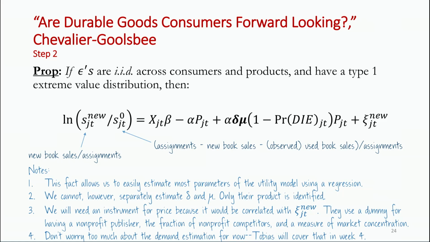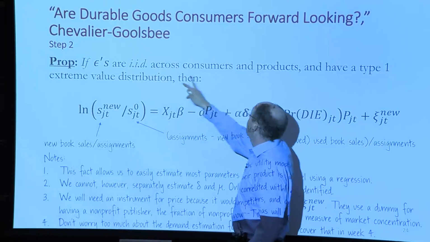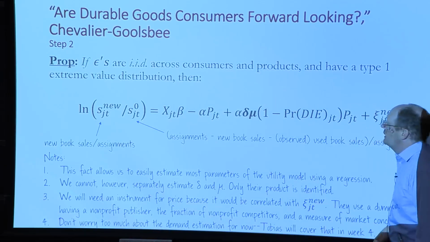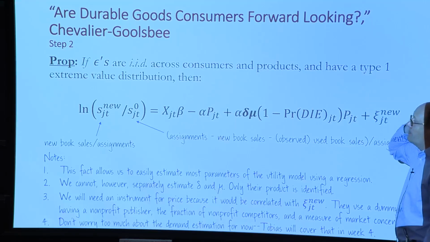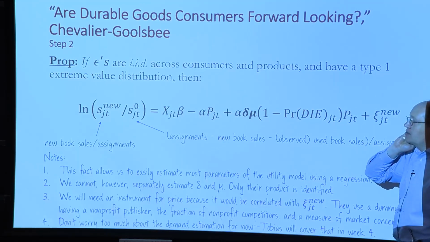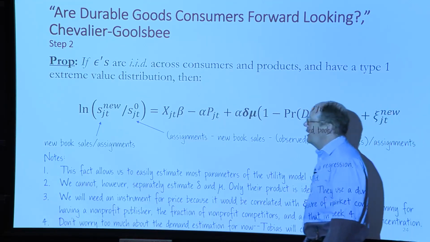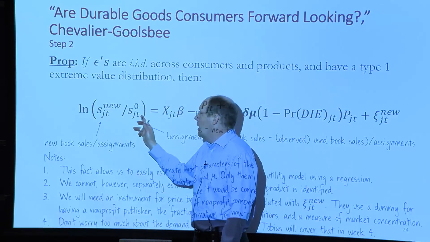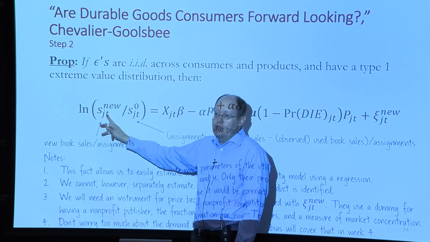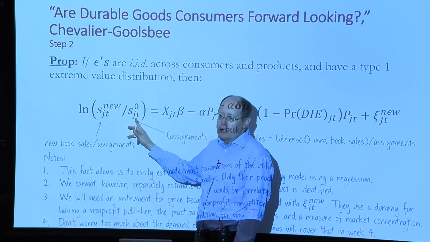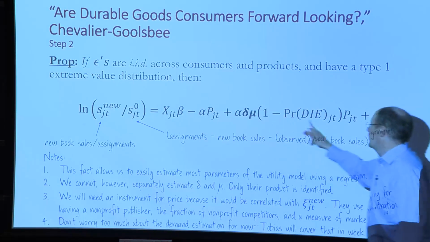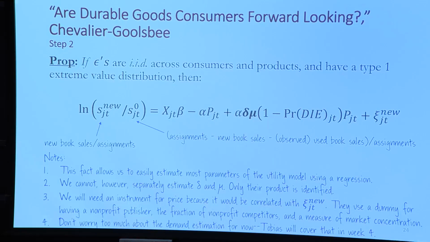So anyway, the theorem is, if the epsilons are IID across consumers and products, and each of those epsilons has a type 1 extreme value distribution, then the log of the ratio between the number of people buying new books and the people buying no books is that utility specification.